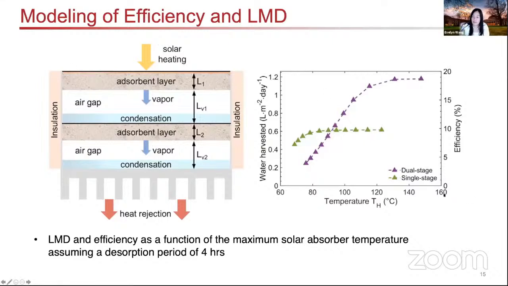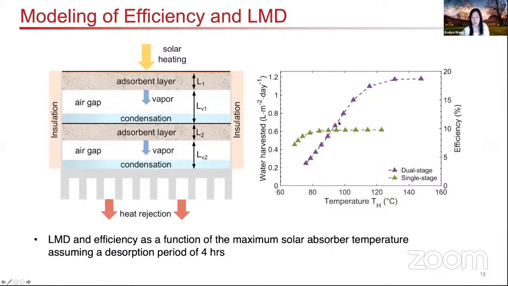And also on this axis here is efficiency of the device. You can see clearly when comparing a single stage to a dual stage that you have to reach a high enough temperature at the top adsorbent layer to achieve the desired effect of higher efficiency and a higher amount of water harvested for this kind of dual stage.